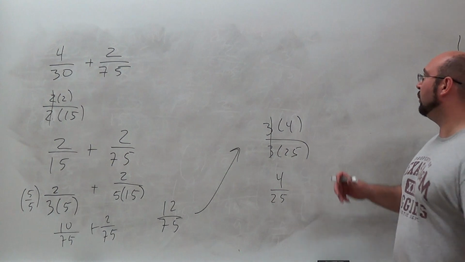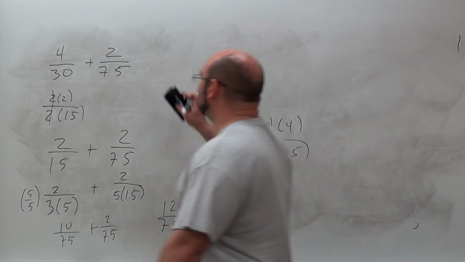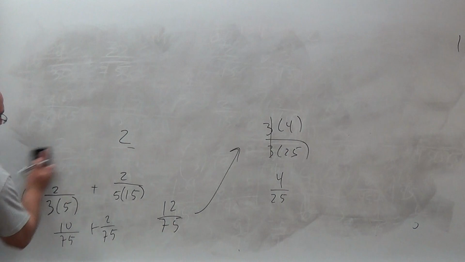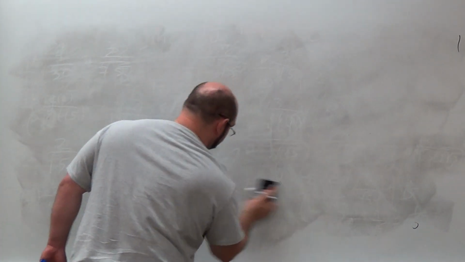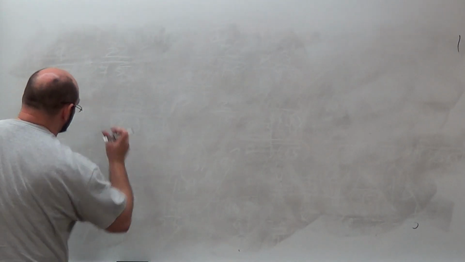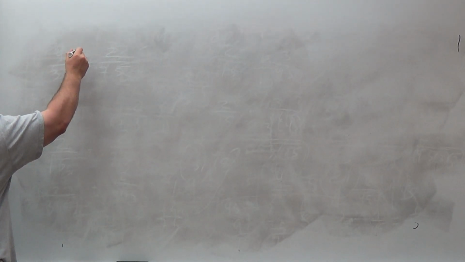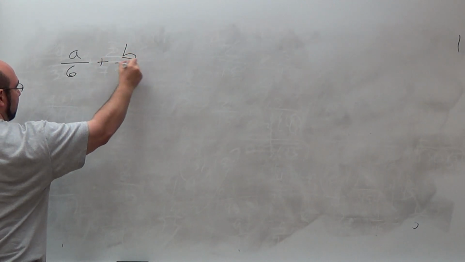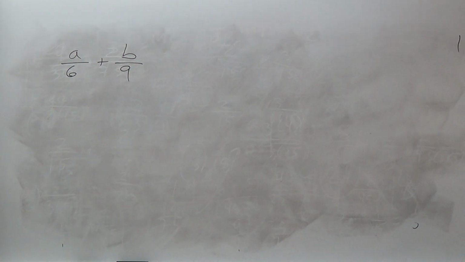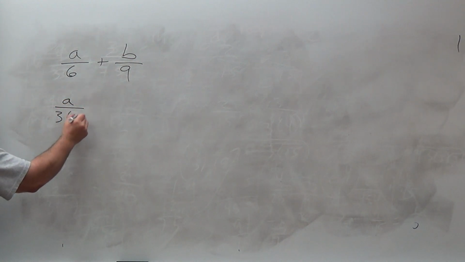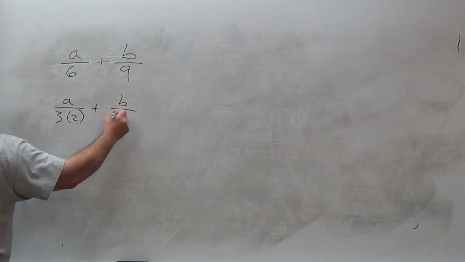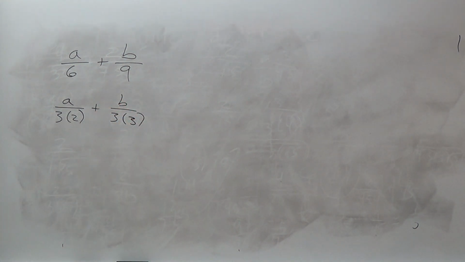Okay? So, if we have A over 6 plus B over 9, right? I know that this is really A over 3 times 2 plus B over 3 times 3.